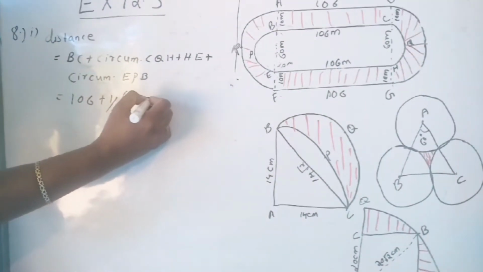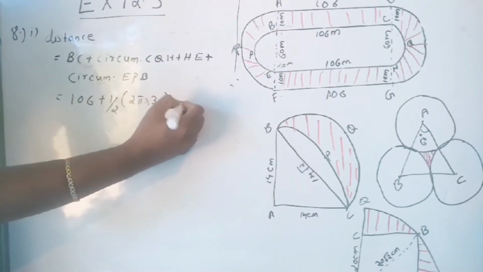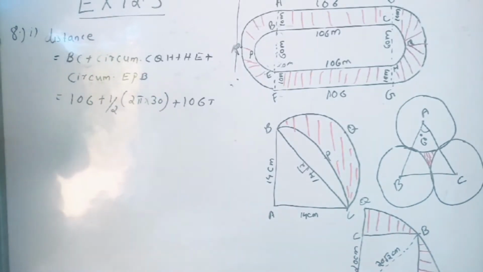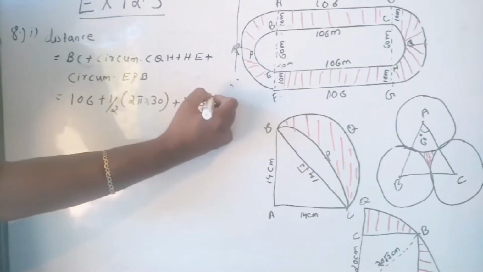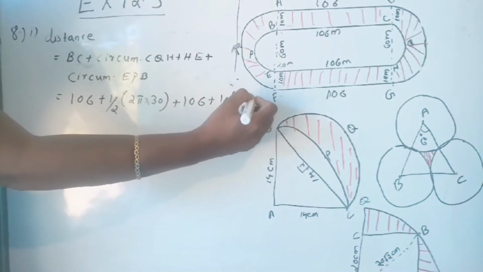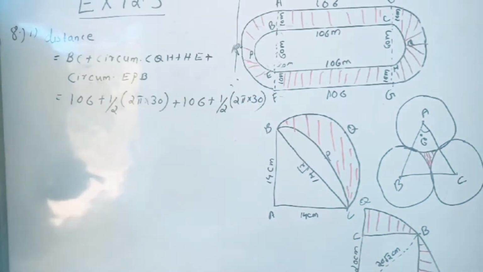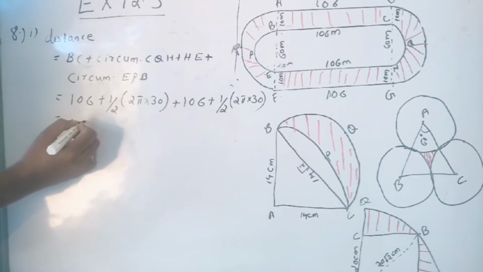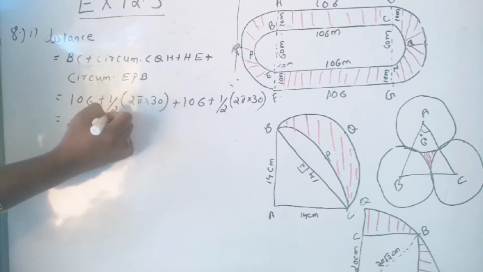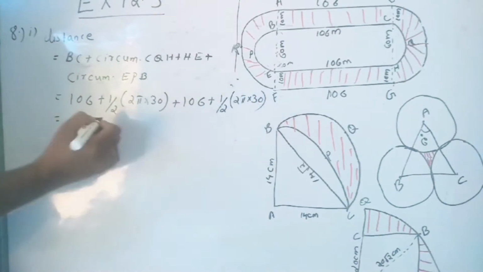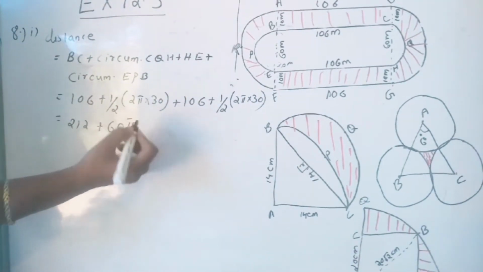So, half into 2 pi into 30, plus HE, that is 106, plus the circumference of the semicircle EPB. Since it is a semicircle, we have half into 2 pi into 30 here also. This is equal to 212 plus, the half gets cancelled, 30 pi, and here also 30 pi, that is 60 pi.